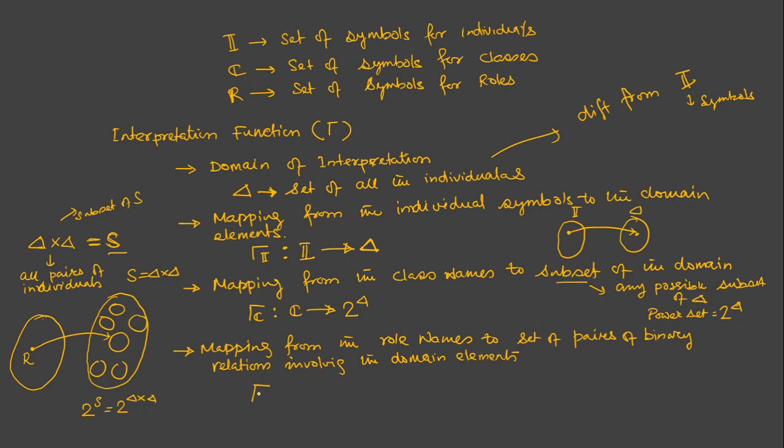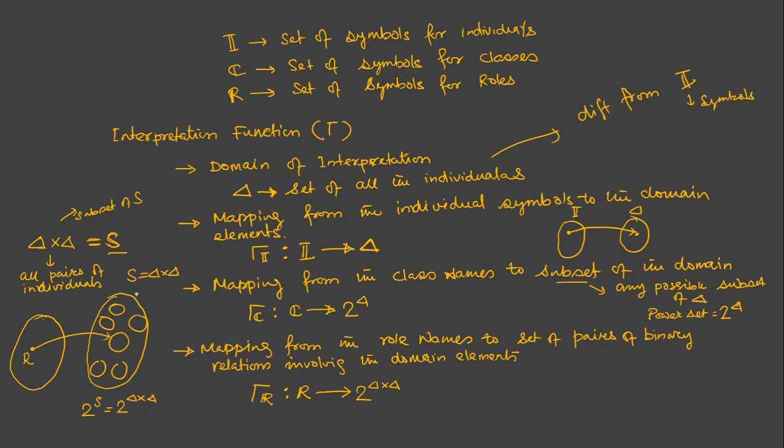So delta R is a mapping function which maps this R to 2 to the power delta cross delta, right?